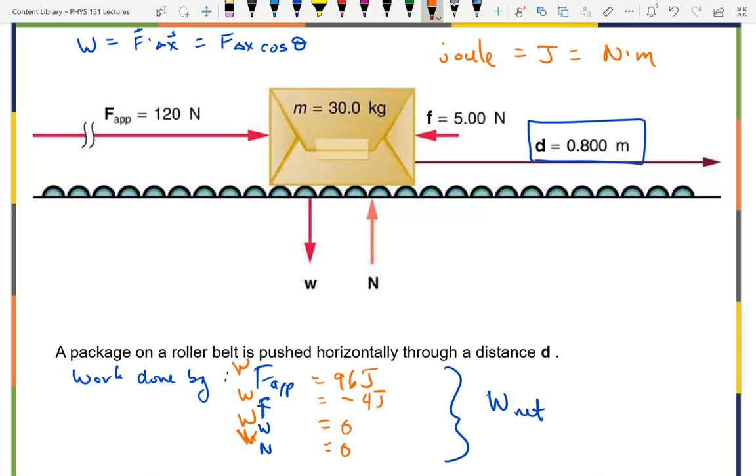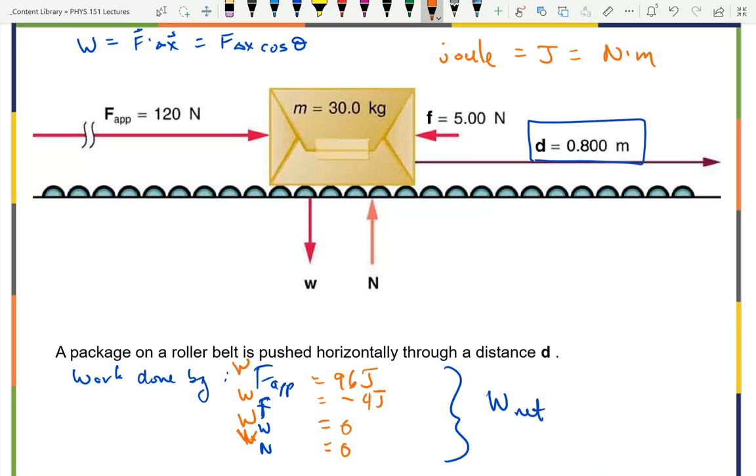Yes, Judith. Wait, so how do we get -4 for our force of friction? Okay, so if you look at the force of friction, it is to the left. And the distance is to the right. So the angle between those two is 180 degrees because they're opposite of each other, anti-parallel. And cosine of 180 degrees is -1.